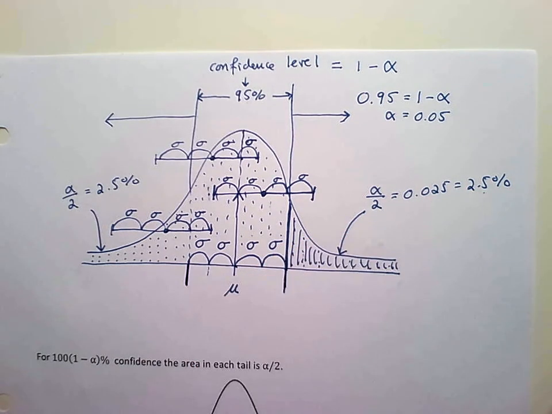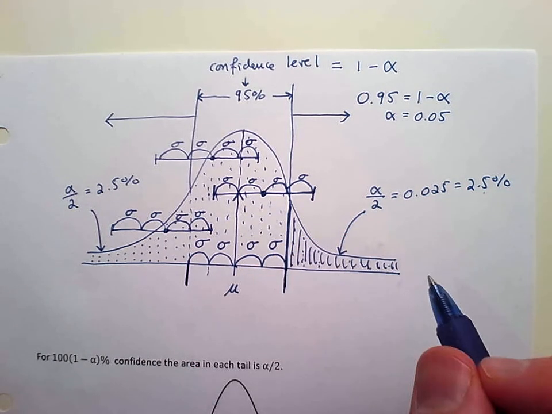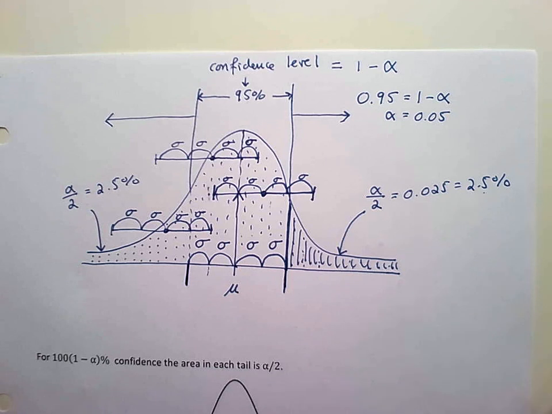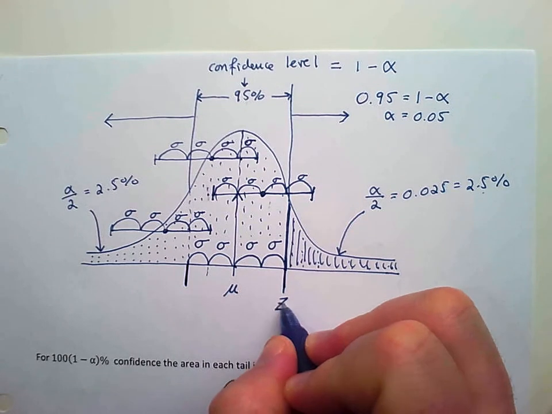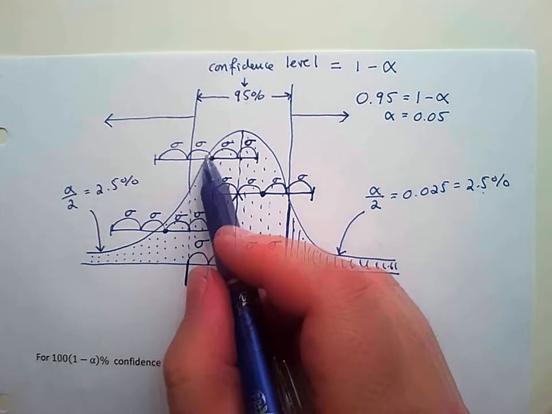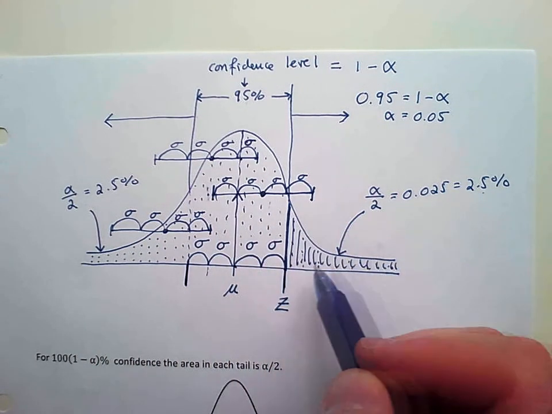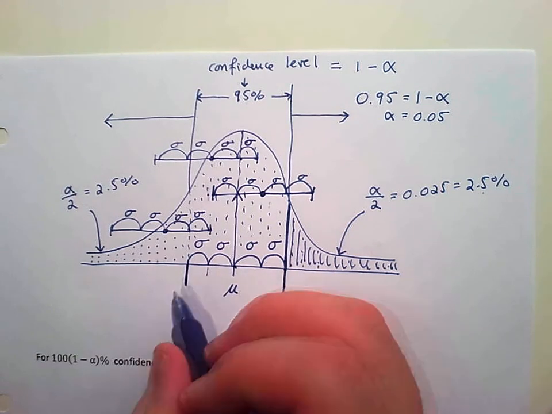And think back to what we did in chapter 5 and chapter 6. One of the things that we always tried to boil those problems down to were z values. So we're going to try to again figure out, and since we're dealing here with a normal distribution, we can have these z values.